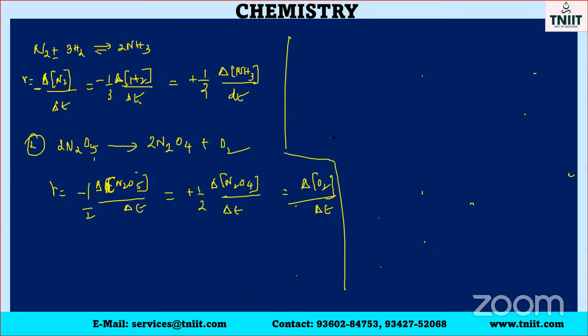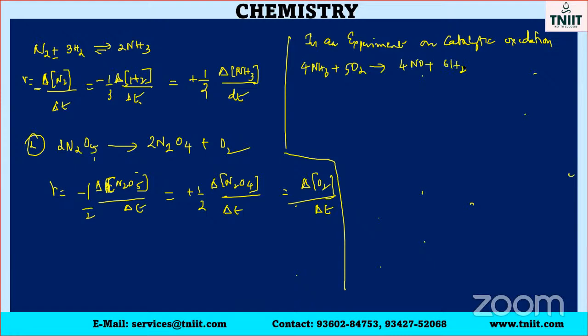The question is this. In an experiment on catalytic oxidation, 4NH3 plus 5O2 giving you 4NO plus 6H2O.